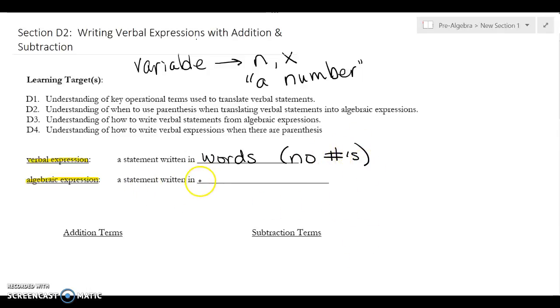An algebraic expression is written in algebraic terms and with numbers. That's the one most of you like to write because it's quick and painless. Verbal expressions are the ones most of you don't like to write because you have to write more.